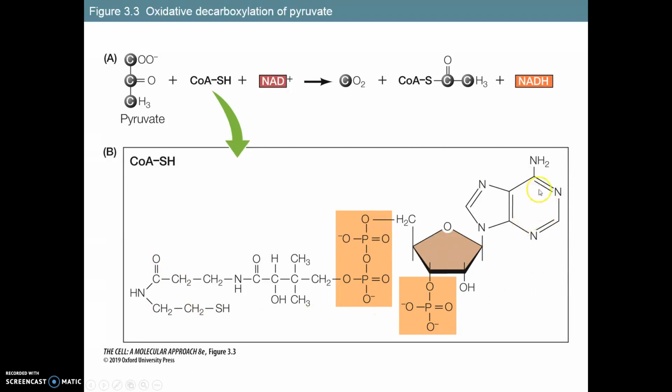Notice that on one side, we do in fact have ATP serving as, again, a handle, okay? So here we have the adenine ring, we have the ribose backbone, we have a couple of phosphates, and then we have this functional group attached onto the end.